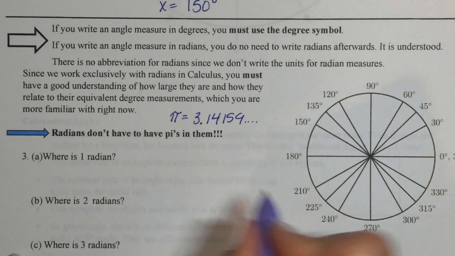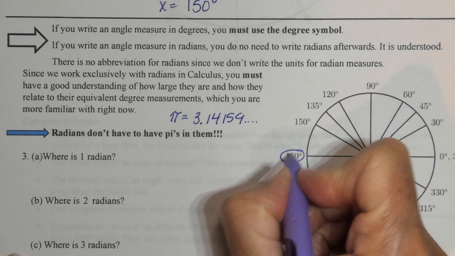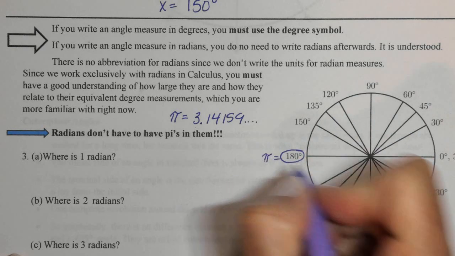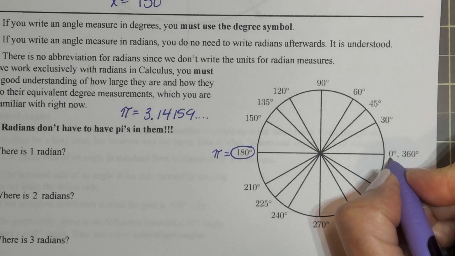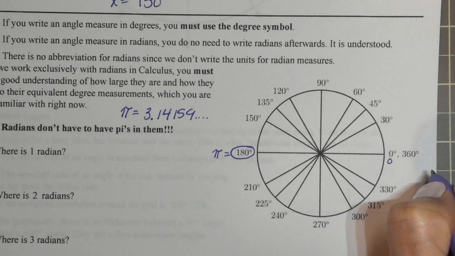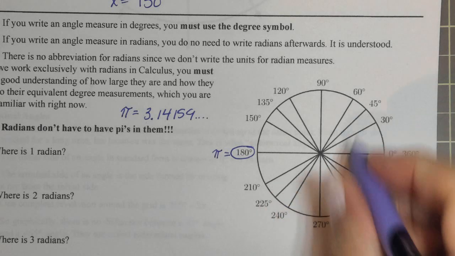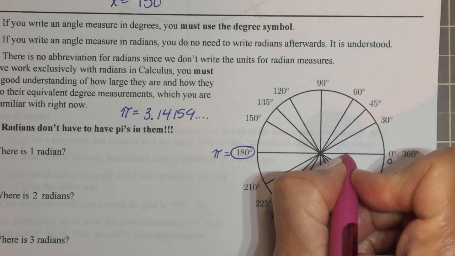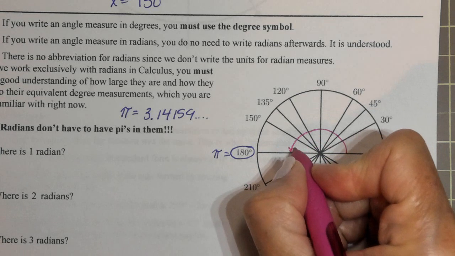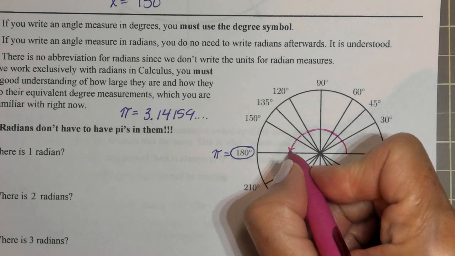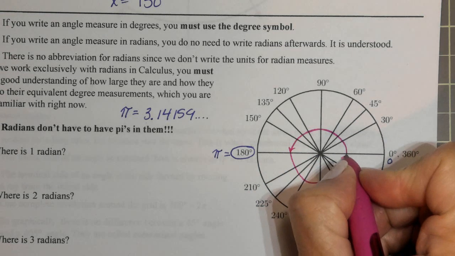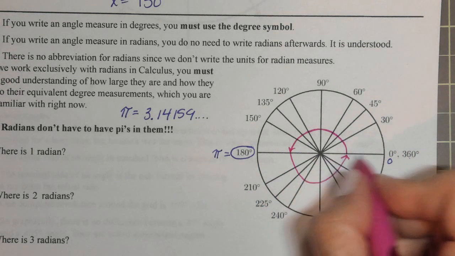Okay? So I know that 180 degrees is pi radians. Yeah? I know that 0 degrees is 0 radians. So if I go all the way to here to get to pi, what would happen if I kept on going and got all the way around back to our starting point?